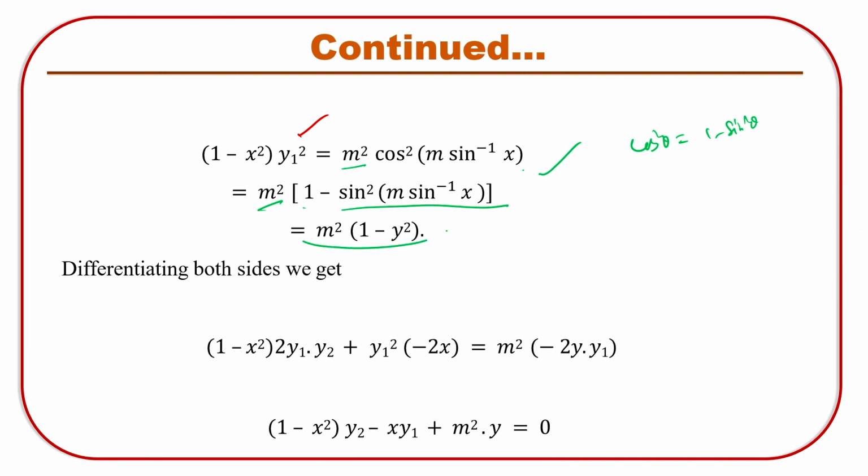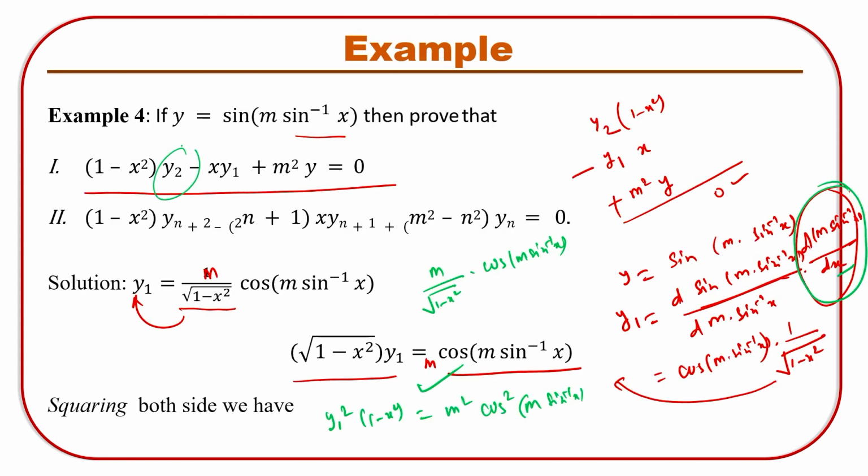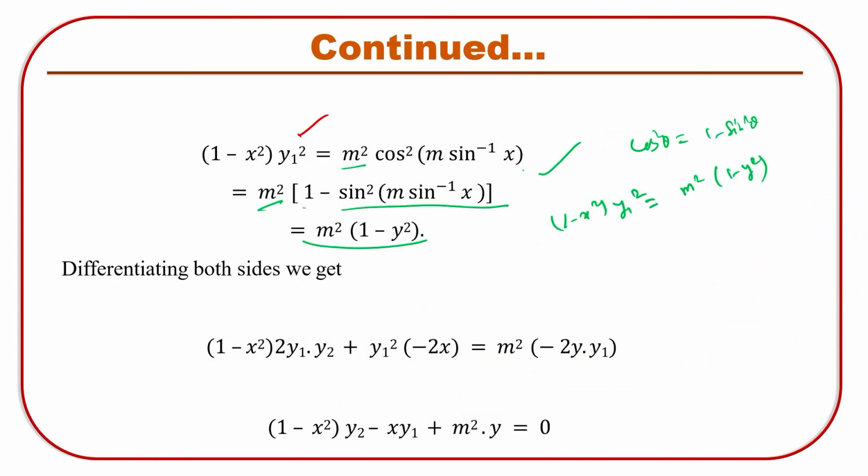So the whole equation will become m square into (1 minus y square), right? So we had here (1 minus x square) y1 square is equal to m square into (1 minus y square). Now take the differentiation on both sides again, because we need the higher derivative y2. To prove this, we need y2. So doing the same thing, take the differentiation on both sides.